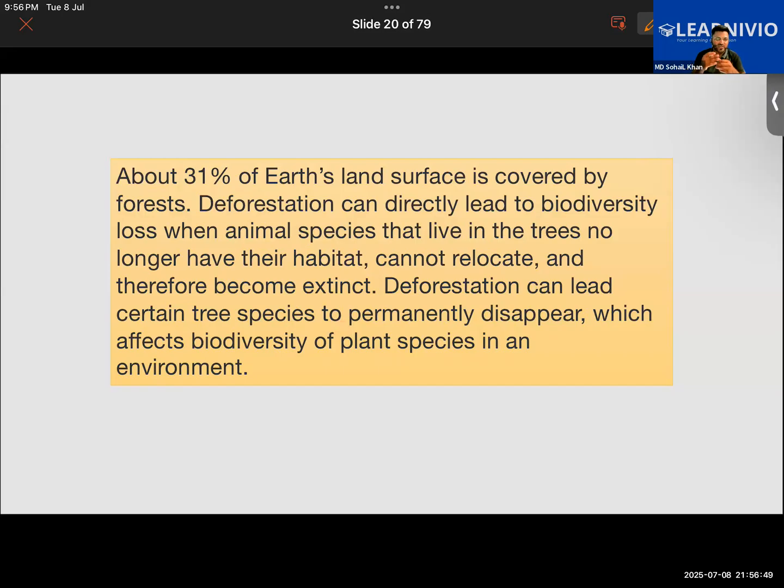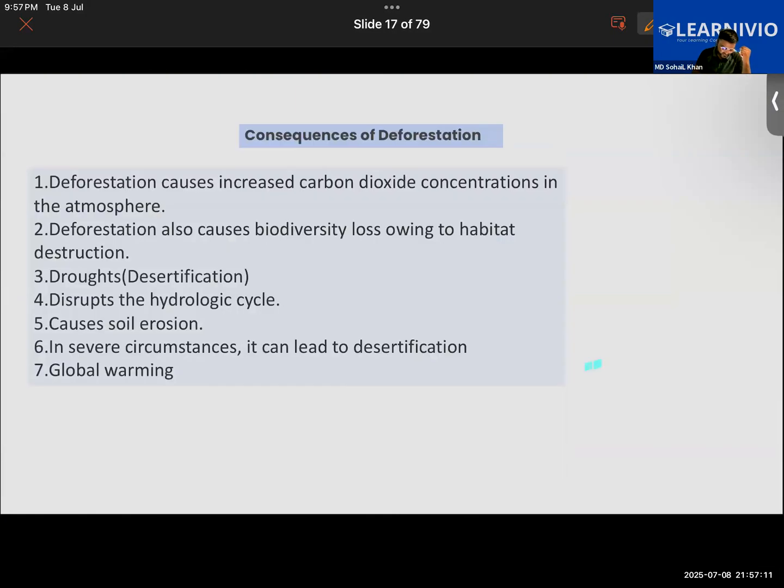Usually you would have heard about extinct species like the dodo bird, dinosaurs, etc. But there are certain species of plants that have also gone extinct, that are nowhere to be found on earth. So it leads to loss of biodiversity also.